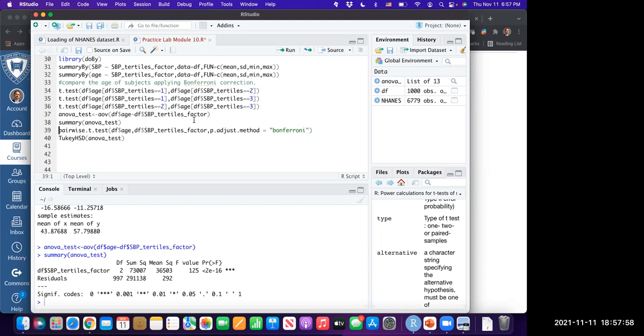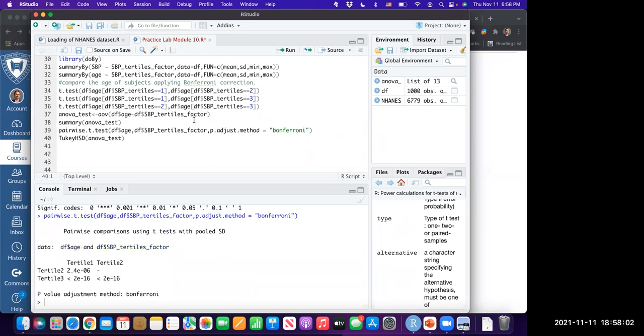Since we found a significant difference in the ANOVA test, we can now run a pairwise t-test. This is to be read in a 2x2 contingency table format, using a Bonferroni adjustment method. You compare tertile 1 versus tertile 2 versus tertile 3.